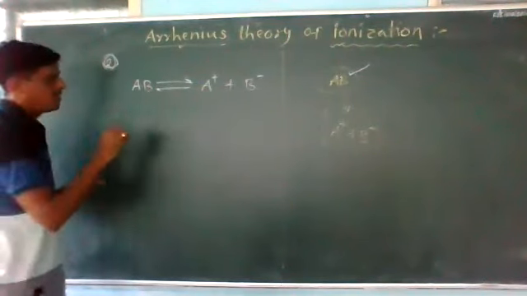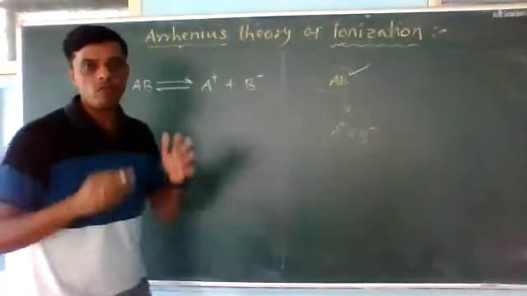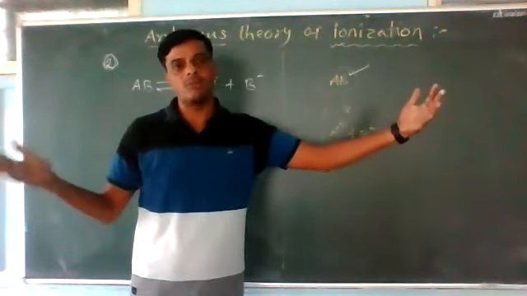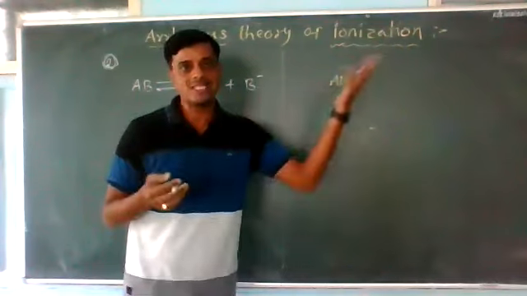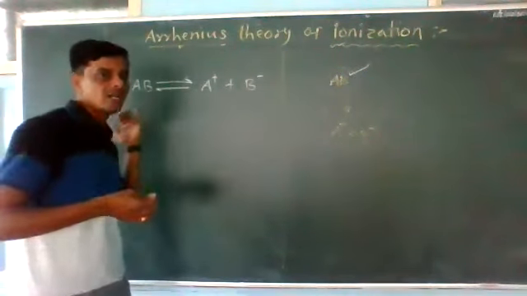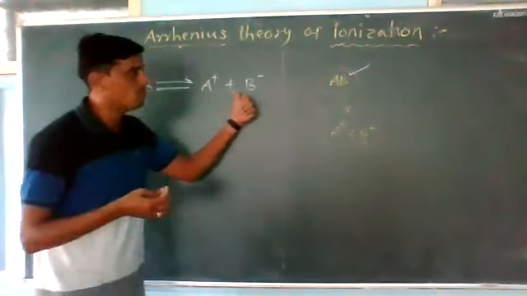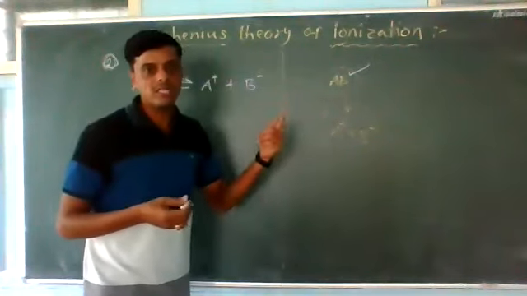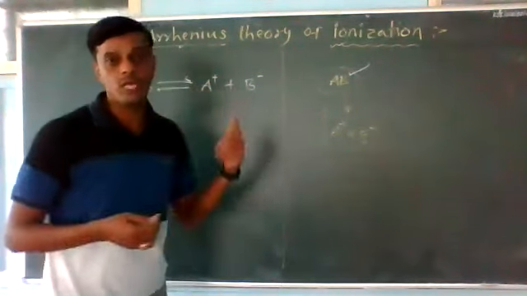Equilibrium means what? The state at which the number of products and reactants becomes equal, or the rate of formation of ions and the rate of formation of neutral electrolyte becomes equal. That state is called the state of equilibrium.